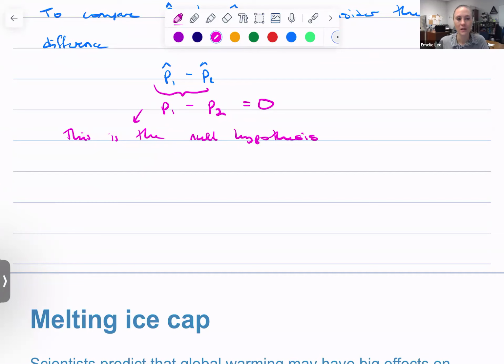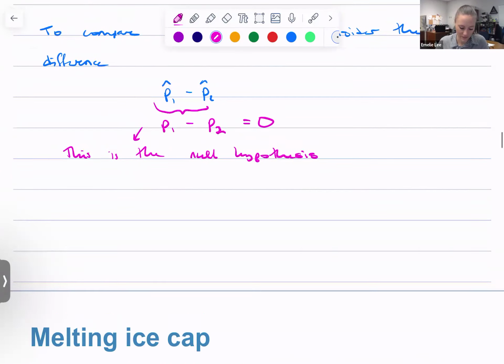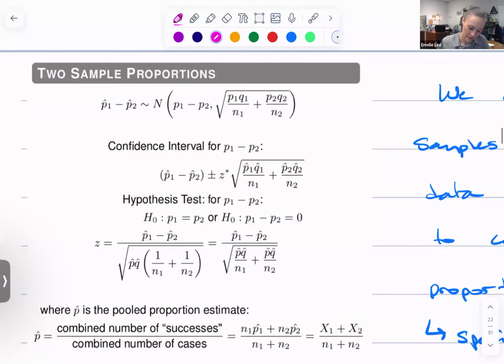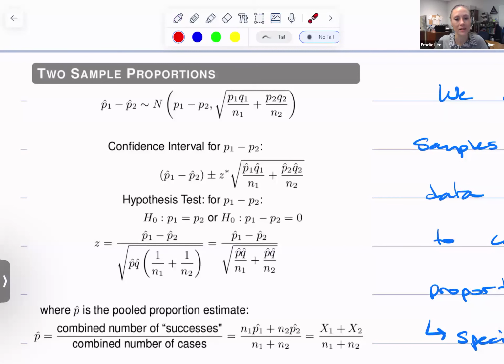but I'm getting a little bit ahead of myself because I did want to talk about the formula sheet. But I had to introduce the difference in the proportions. So just as before, the central limit theorem applies for a difference in proportions, and they still follow a normal distribution. Why is that exciting? It means that we can use z-scores to calculate probabilities, p-values. And it's going to be centered on P1 minus P2, the population difference in proportions.